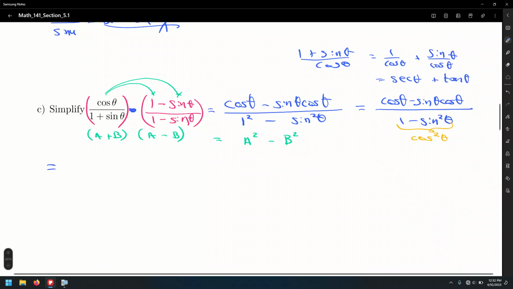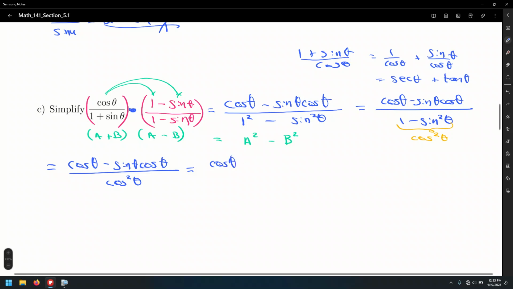And that is cosine theta minus sine theta cosine theta, over cosine squared theta. I think we can already see where we are going, because we can see that the numerator has a common factor of cosine that we can factor out.